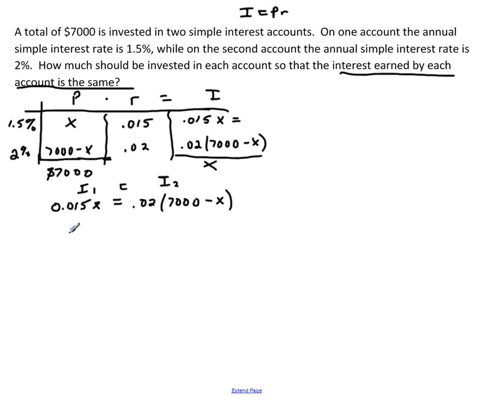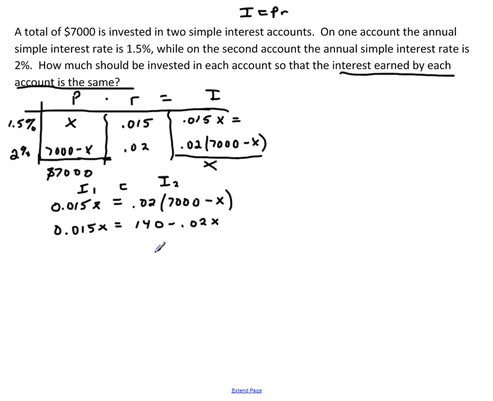All right, so what do we do right here? Well, let's just do the algebra. We've got a nice setup, so carrying this out, we have 0.015x equals 0.02 times 7,000. If we do that, that's 140 minus 0.02x.